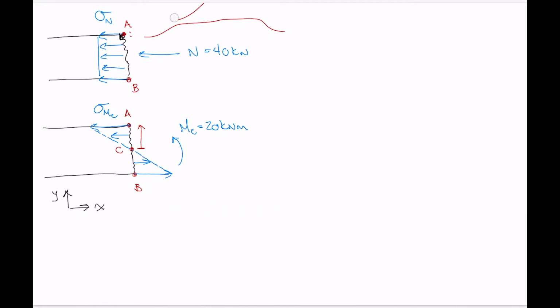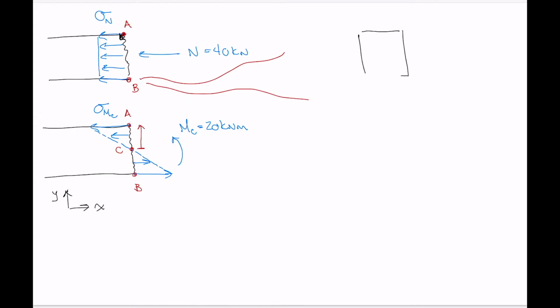Let's do a little bit of erasing. There we go. Okay, so if we're doing the same sort of thing and taking a look at the little piece of material that's located at point B here, I can draw a better square than that. There we go.